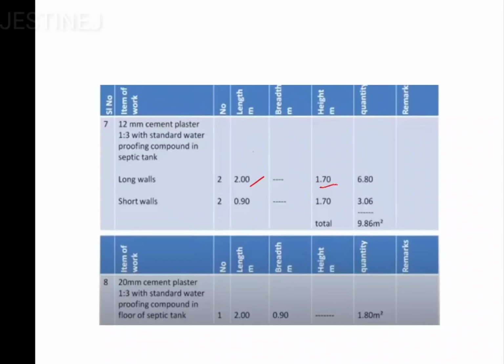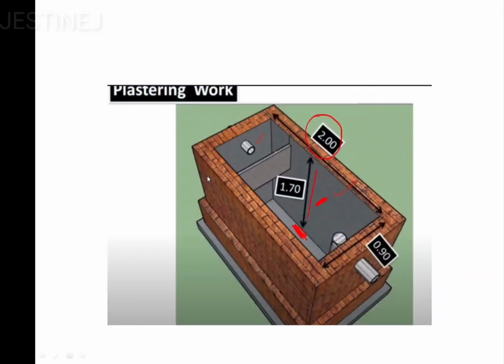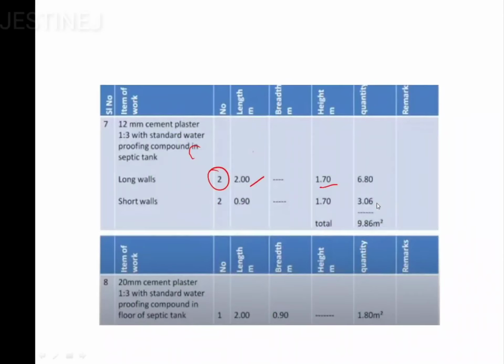So 2 multiplied by 1.7, and the long walls number is going to be 2. If you observe from this diagram clearly, 2 long walls are here. This one is one long wall and this is another long wall, and the short wall is 0.9 multiplied by 1.7. So you'll get 3.06, and if you add up those values, you'll get 9.86 meter square.